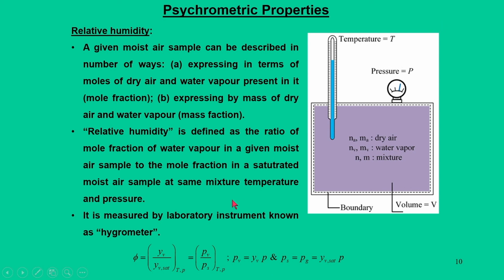Interestingly, relative humidity is unitless, whereas the humidity ratio has a unit, expressed in kg of water vapor per kg of dry air.